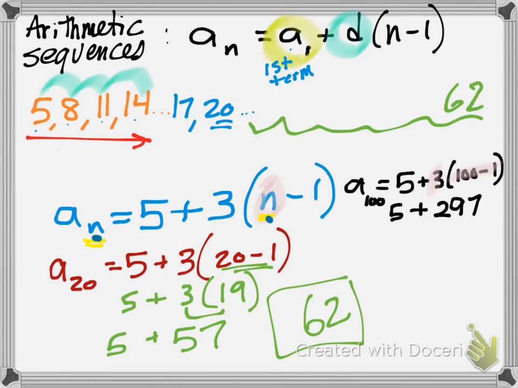Add 5, and I get 302. 302 is the answer. So it's a whole lot easier than adding 3 100 times and eventually finding the answer but maybe losing count. And that's how you use the formula for an arithmetic sequence.